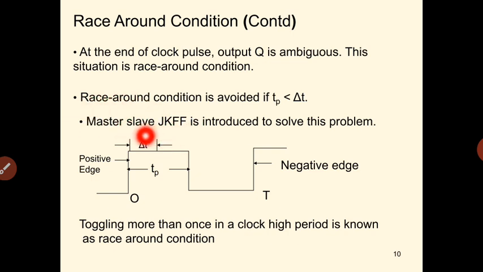One way is TP less than delta t, and the other way is the master slave JK flip-flop. The master slave JK flip-flop is introduced to solve this problem of race around condition.